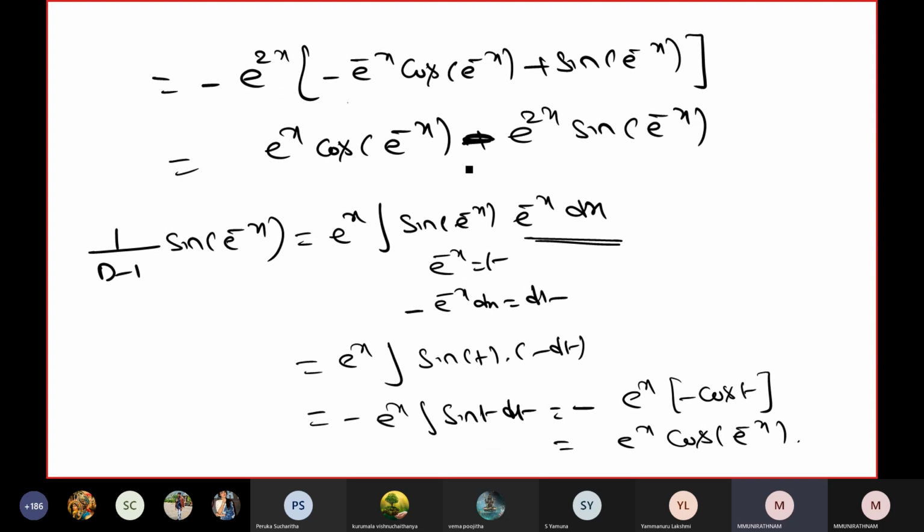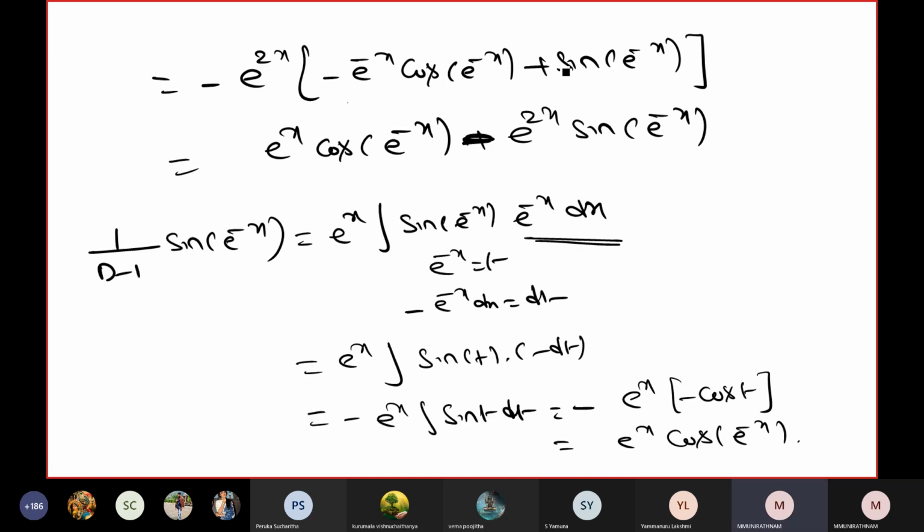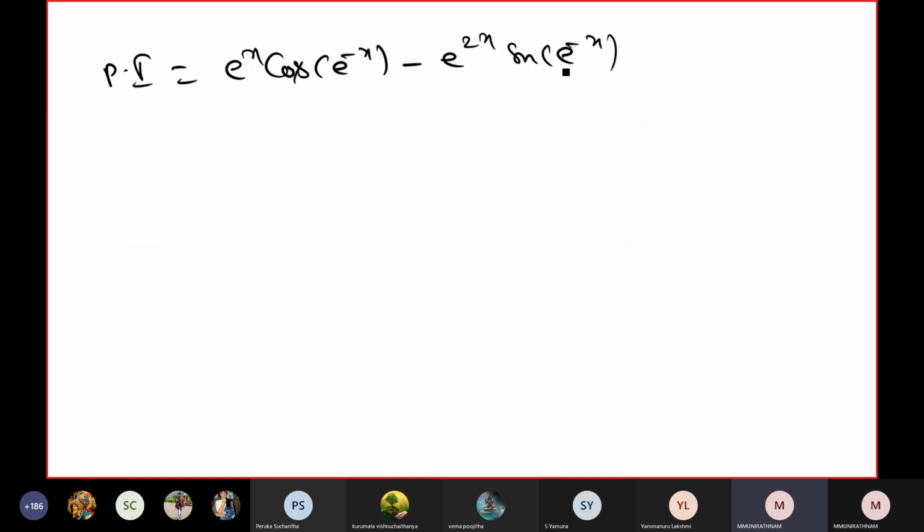This is e power x into cos of e power minus x minus e power 2x into sin of e power minus x. Then in place of this, e power x into minus e power x into cos of e power minus x.